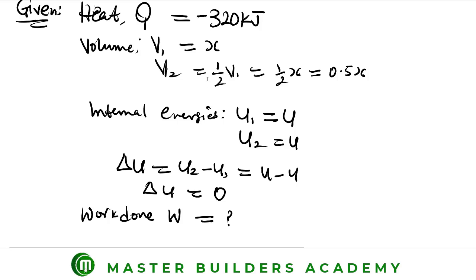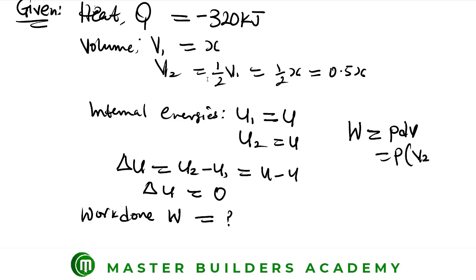I don't need volume. Remember, if you check the first video we uploaded on this, when we're solving for work done, you only use volume when you are given pressure, right? So as you can see on the screen now, work done is pressure multiplied by change in volume, that is P times V2 minus V1. I hope you can still remember this.